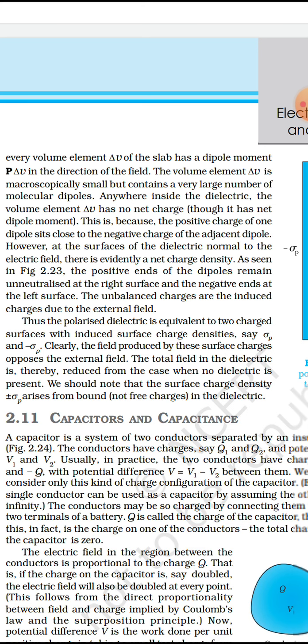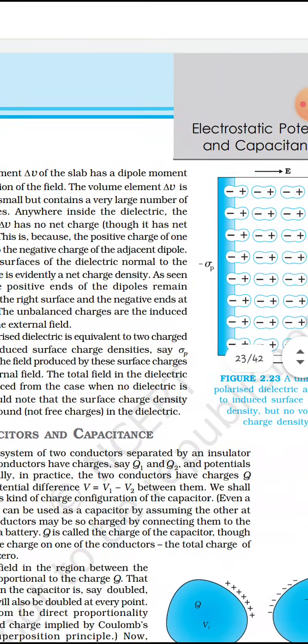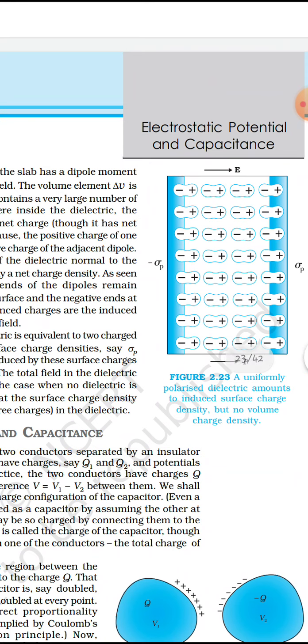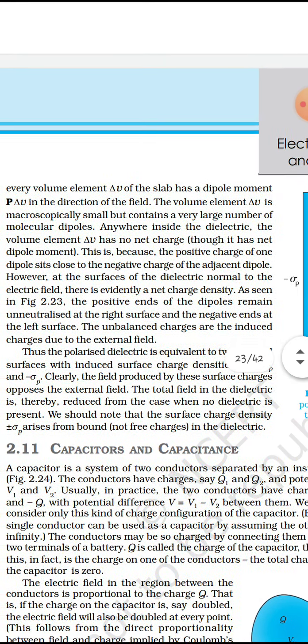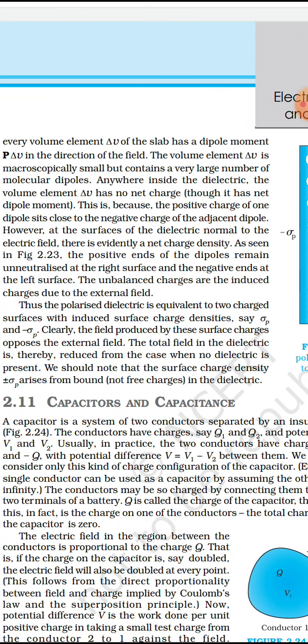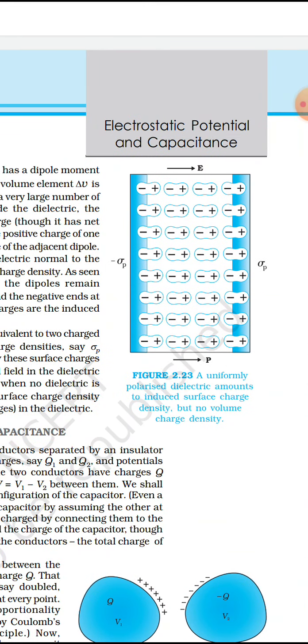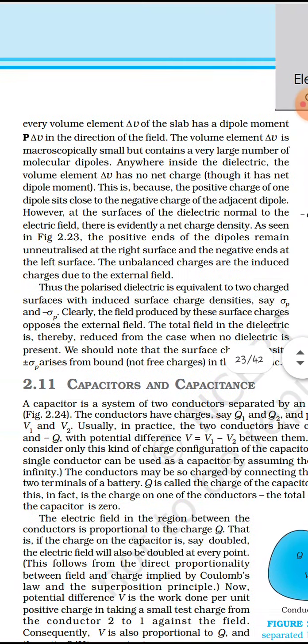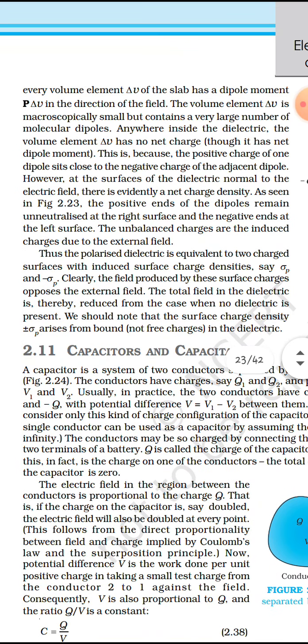However, at the surface of the dielectric normal to the electric field, the net charge is neutralized inside, while the positive ends at the right surface and the negative ends at the left surface are unbalanced charges. So there are unbalanced charges, and in some parts it becomes neutral, in some parts positive. Some surface has both positive and negative sigma, which we call sigma formation.